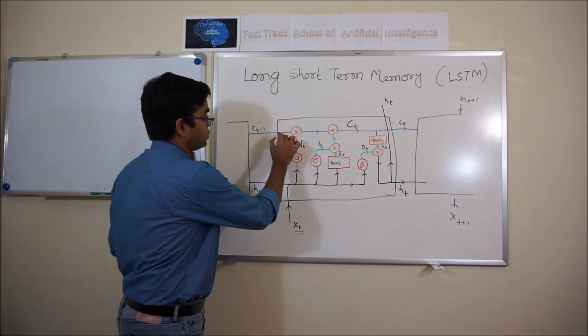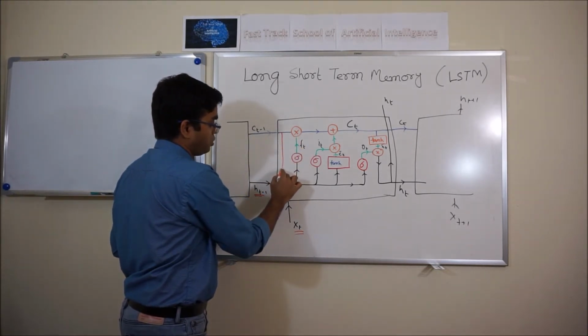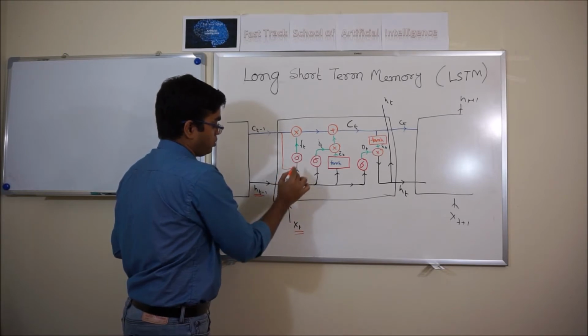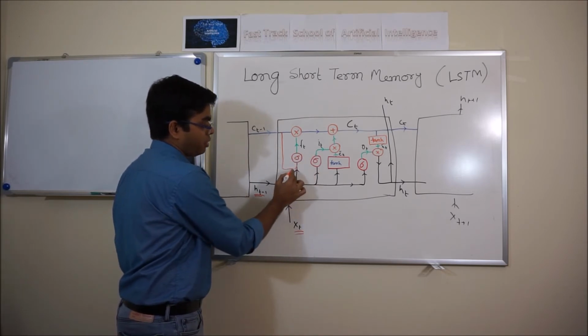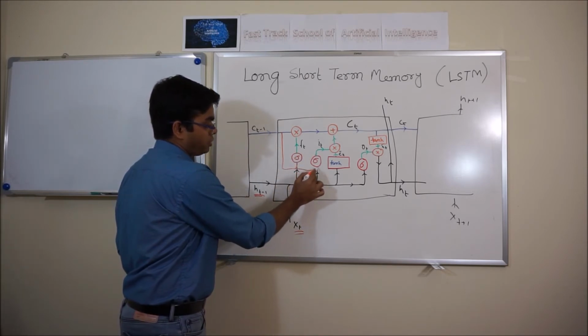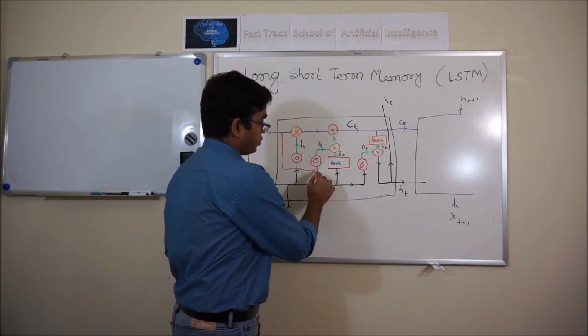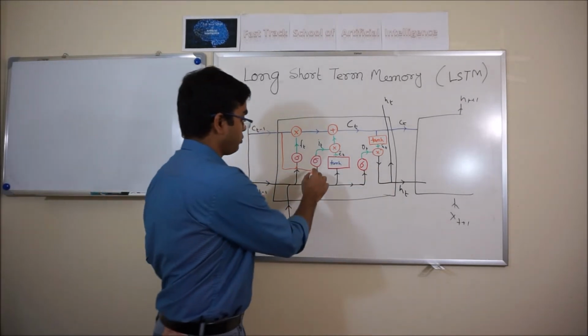In simpler terms, they take this input and include it in the forget gate operation, and they include it in the input gate also, and possibly the output gate also, giving the same values.